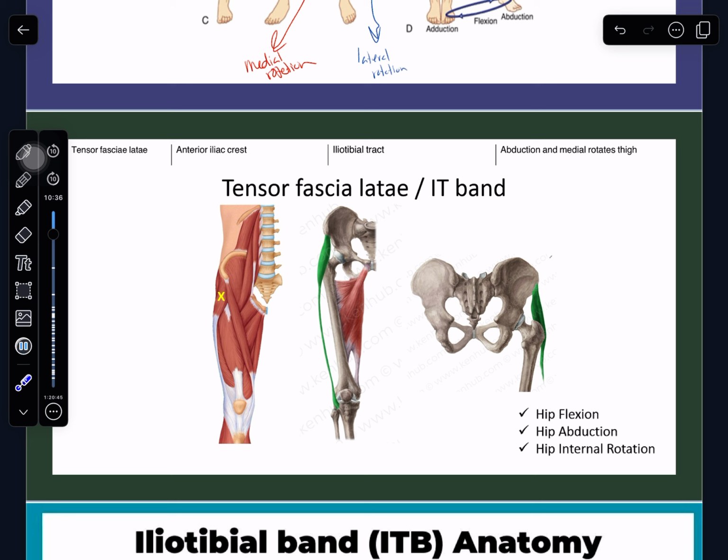With that little trick, you put your thumb on the medial epicondyle, and then your digits 2 through 5 represent different muscles on the superficial portion of the anterior compartment of the forearm: pronator teres, flexor carpi radialis, palmaris longus, and flexor carpi ulnaris.